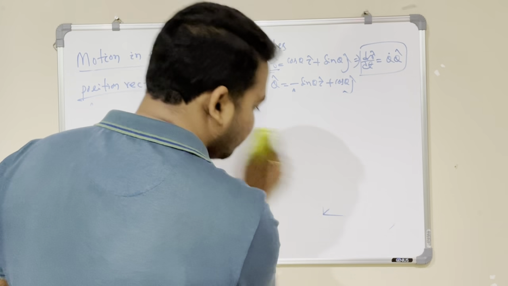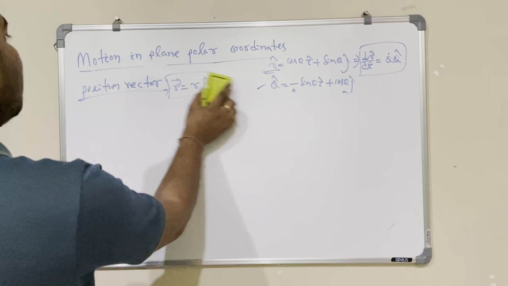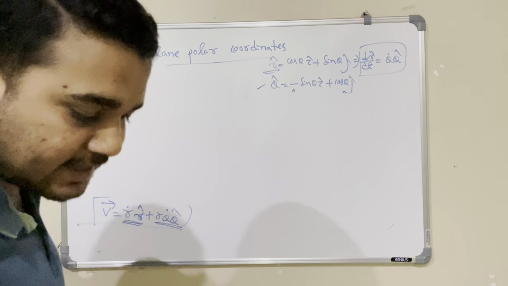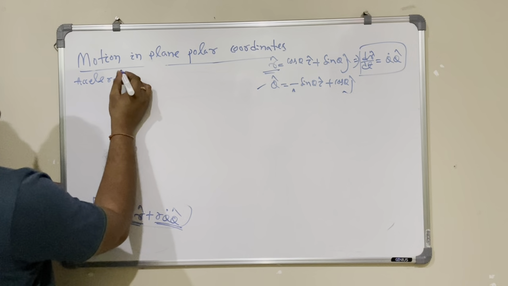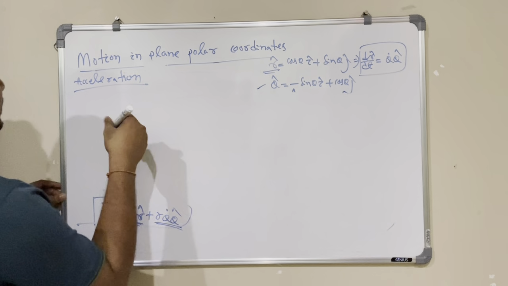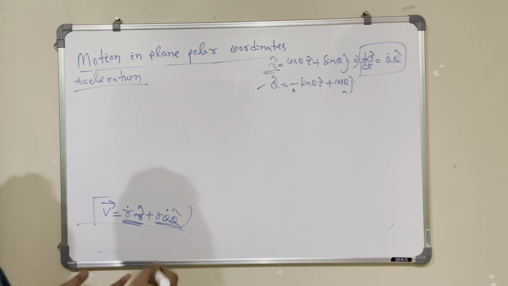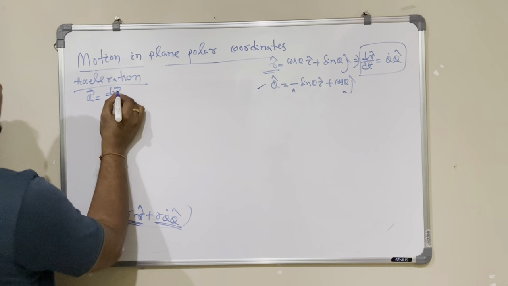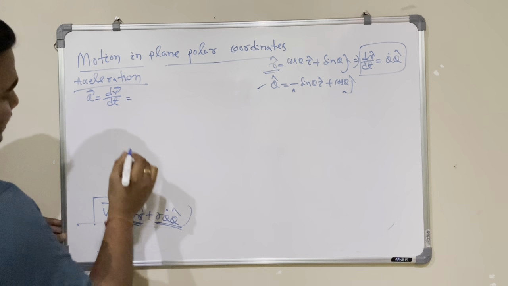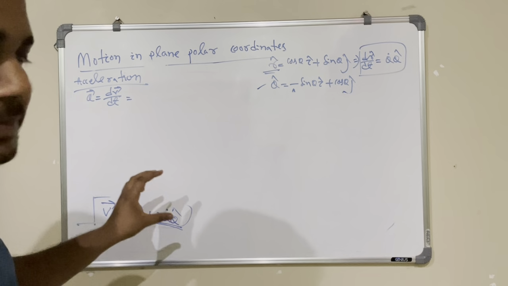So the velocity is this. We'll now do the acceleration in the polar coordinate system. As you know, similarly to the Cartesian coordinate system, we can calculate acceleration as the rate of change of velocity. Similarly here we'll take the time derivative of the velocity vector.